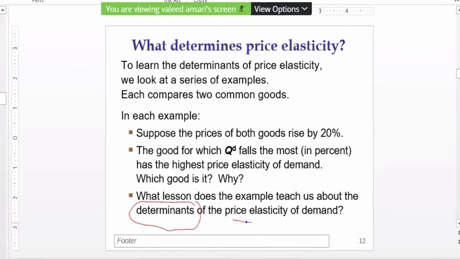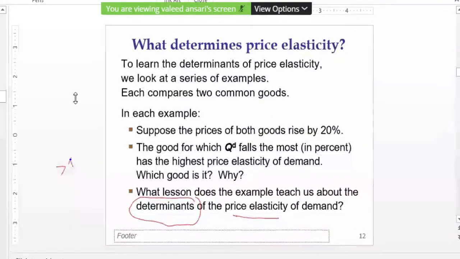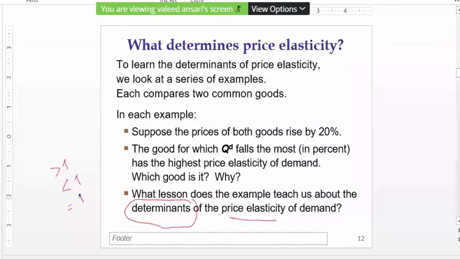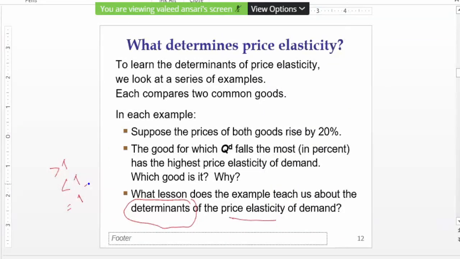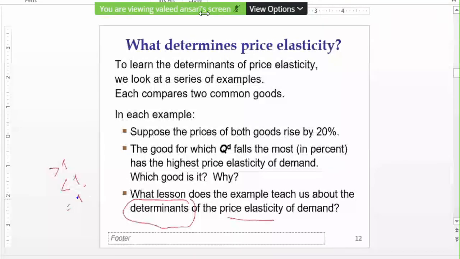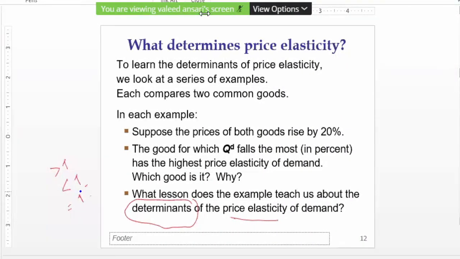Why will a good be more elastic, why will a good be less elastic? Whenever I say more elastic, it means a coefficient greater than 1. If I am talking about less elastic, it is a relative term, meaning less than 1. Unitary elastic is a theoretical possibility. If it is unitary elastic, a change in price will not affect the quantity and naturally revenue will not be affected at all.